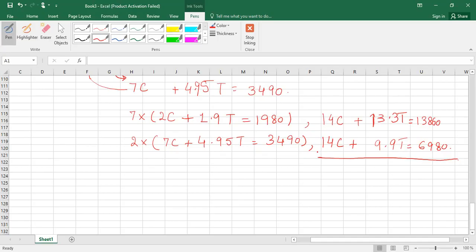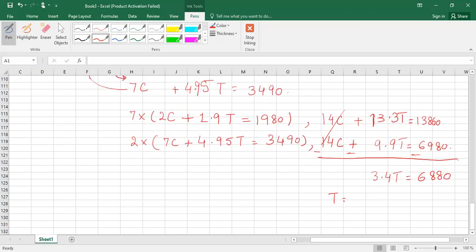Now change the signs. This one cancels out with each other. Here we have 13.3 minus 9.9, 3.4t, and 13,860 minus 6,980, 6,880.